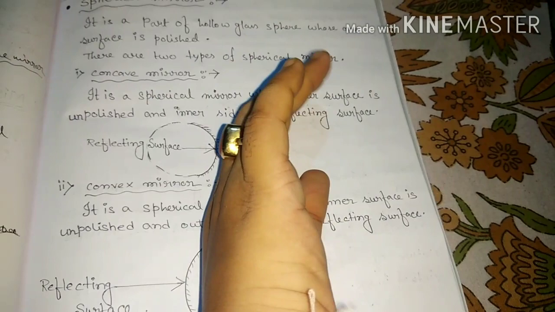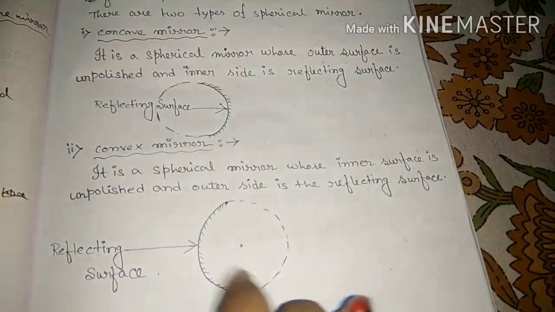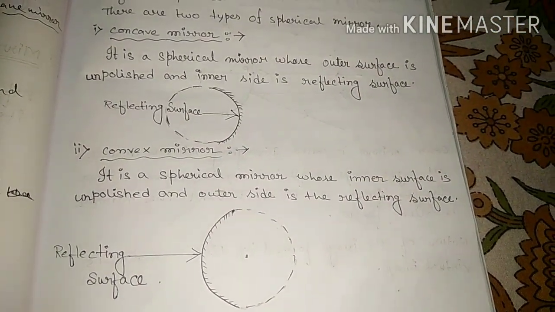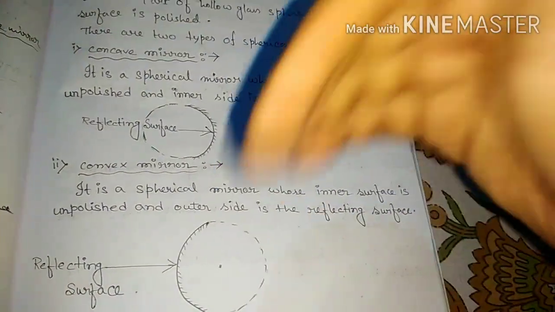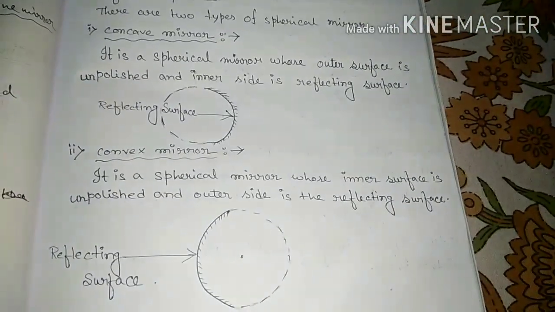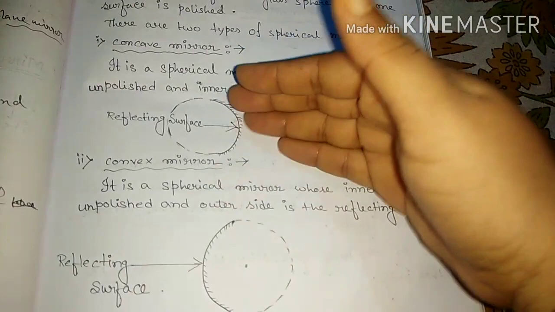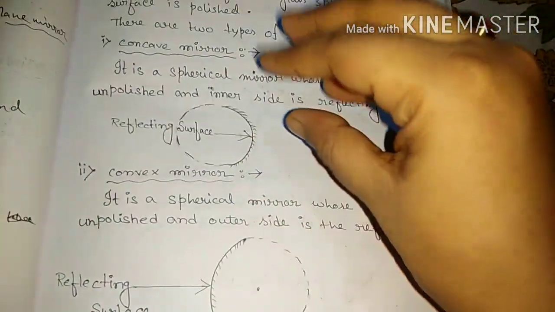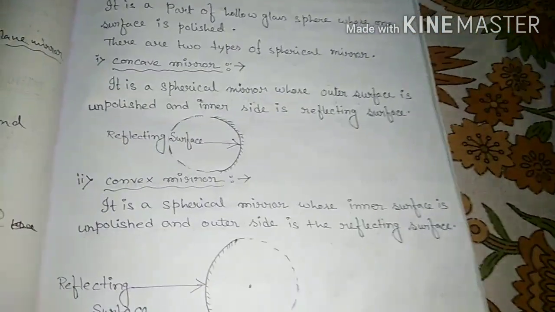Clear? So for concave, the inner side is the reflecting surface; for convex, the outer side is the reflecting surface. The position of the reflecting surface is different in these two cases. That's why spherical mirrors are of two types: one is a concave mirror, cave-like structure, another one is a convex mirror, like that structure.